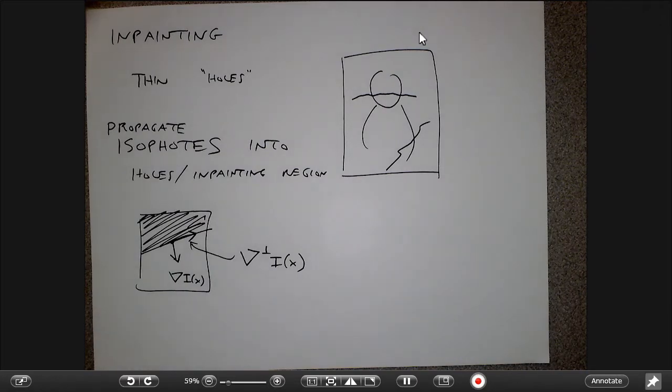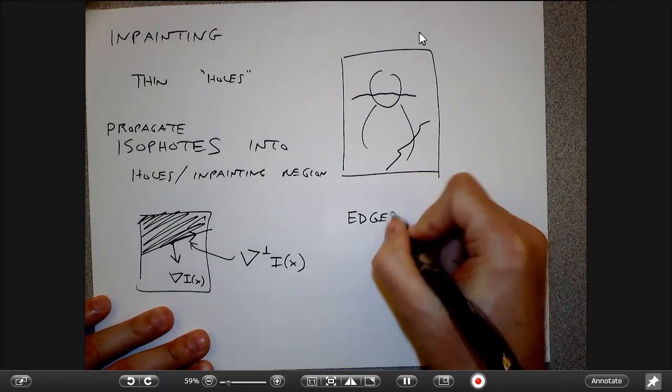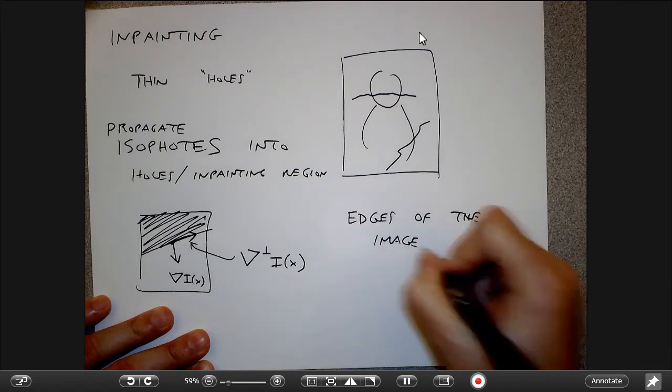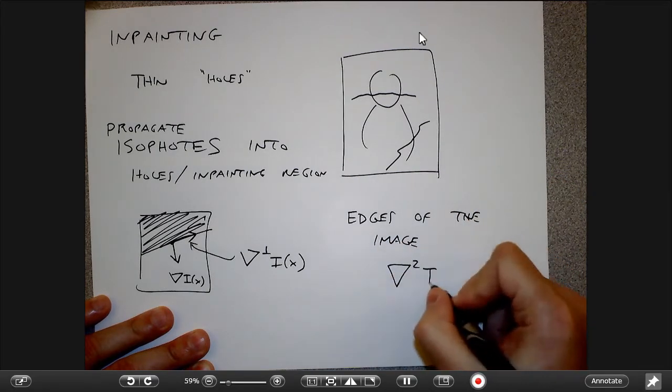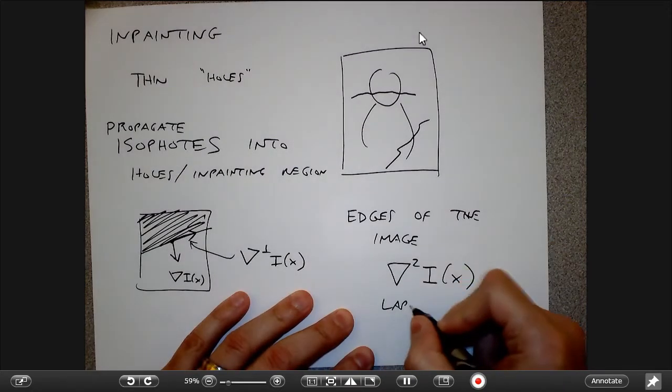The original inpainting approach, proposed by Bertalmio et al., was to make sure that the edges of the image are not changing in the direction of the isophotes. The edges of the image, as we talked about last time, we can represent by the Laplacian of the image.